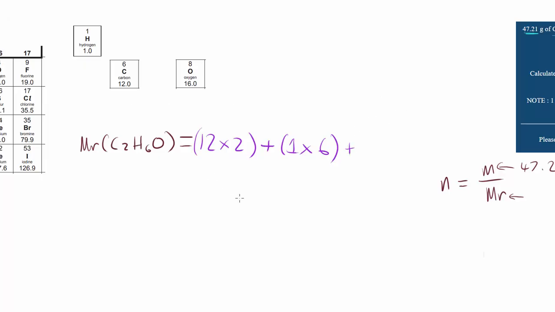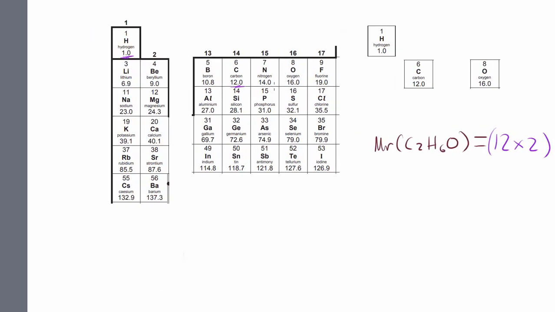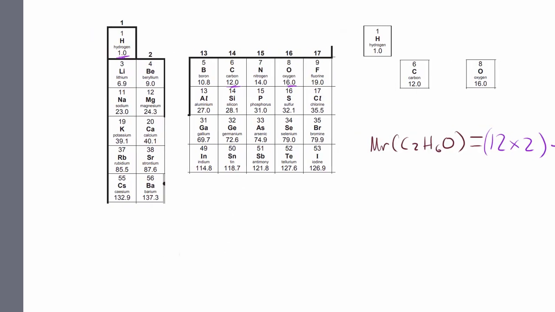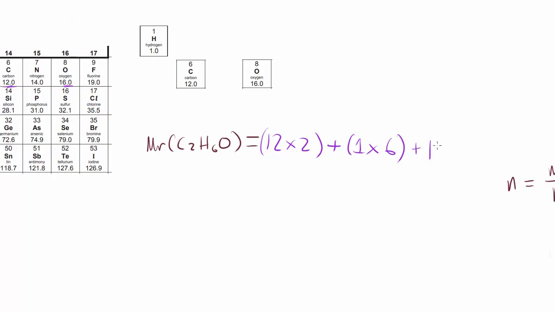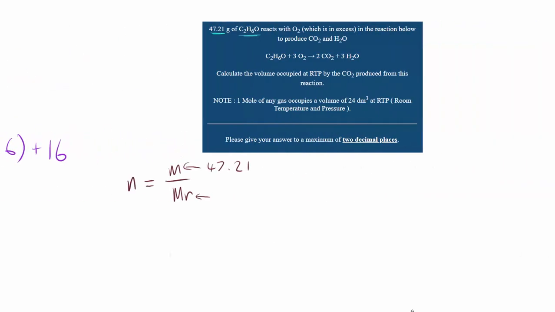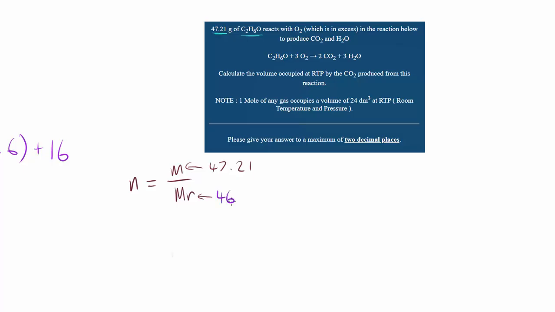For oxygen, the relative atomic mass is 16, so it's going to be plus 16. If you work that out, you should find that the Mr of the C₂H₆O is 46, and that's in grams per mole.